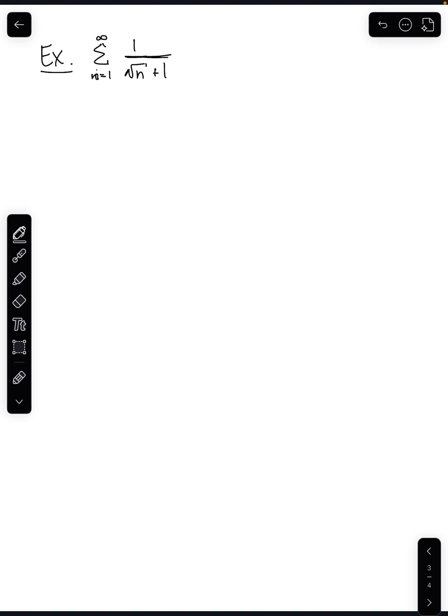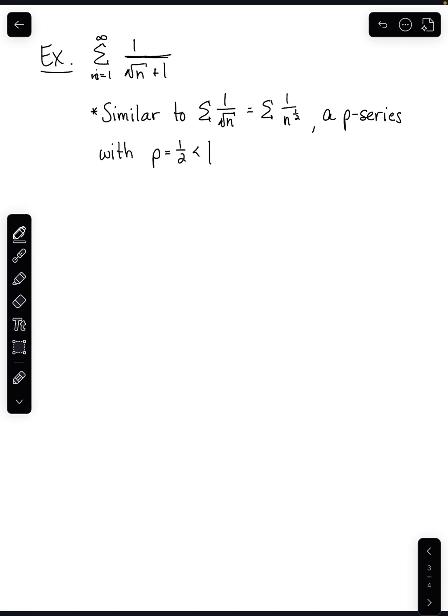This is similar to the series 1 over the square root of n, also known as 1 over n to the 1/2. This is a p-series. It is a p-series with p equal to 1/2, which is less than 1. Therefore, it diverges.